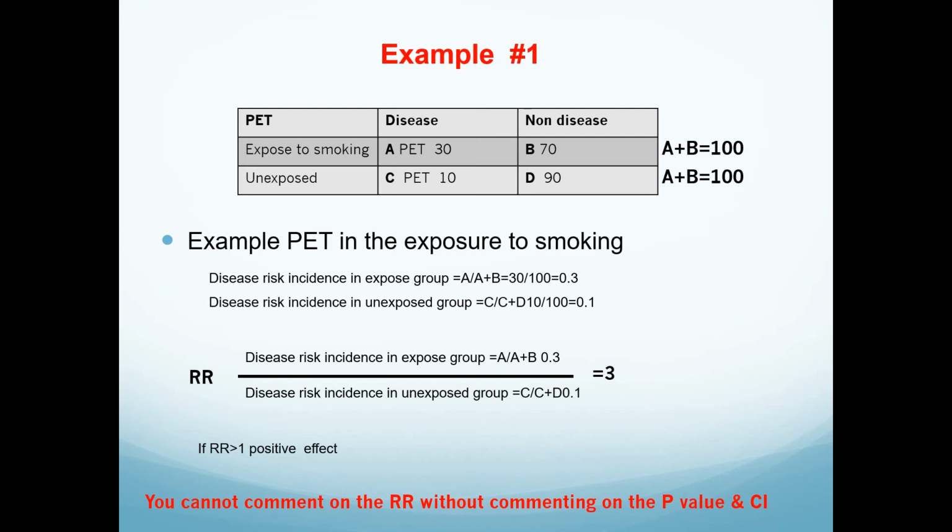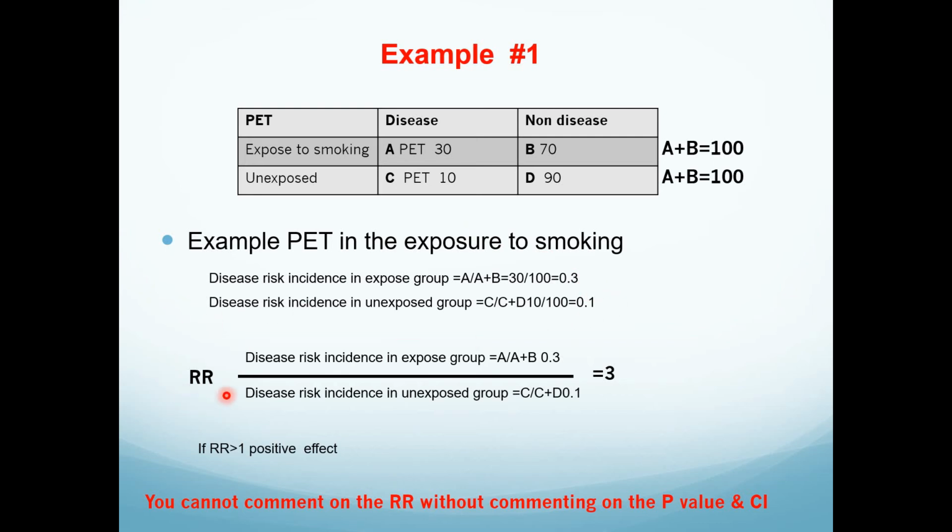In the unexposed group, you can see that the people who developed the disease are 10. So the absolute risk is 10 divided by 10 plus 90, which is 100, and this will give us 0.1.